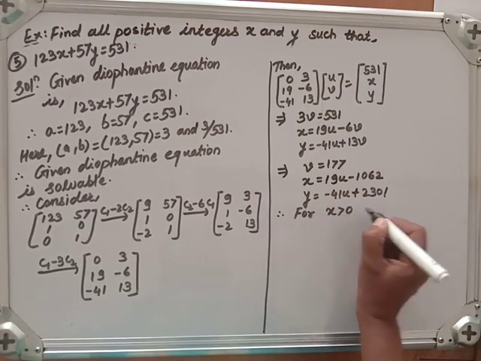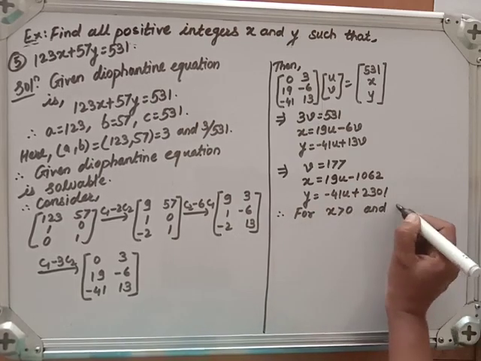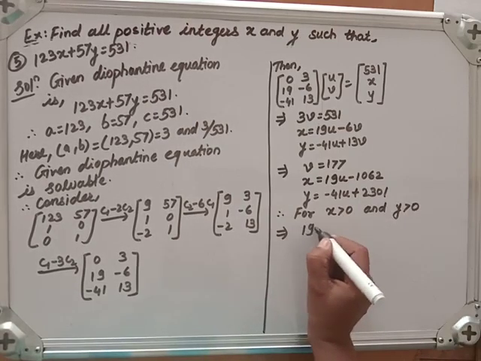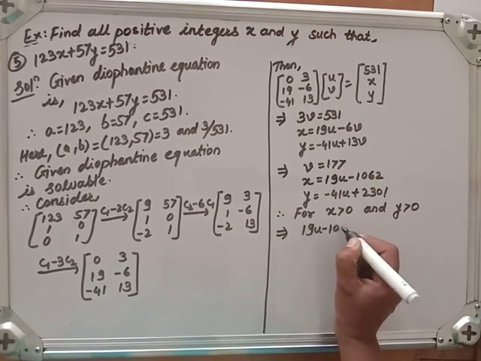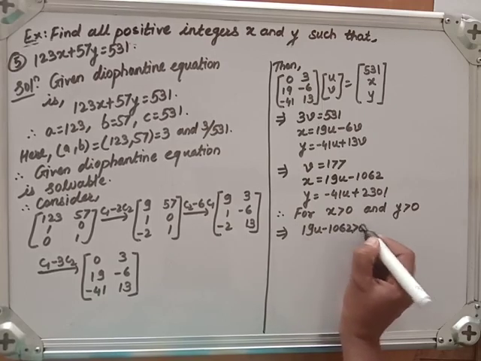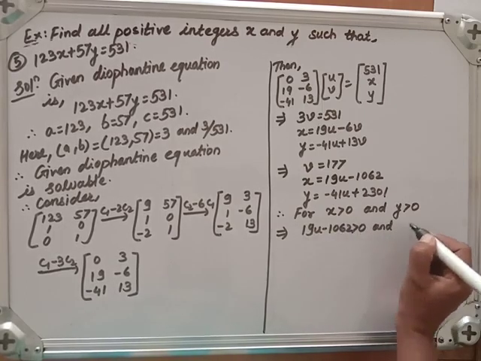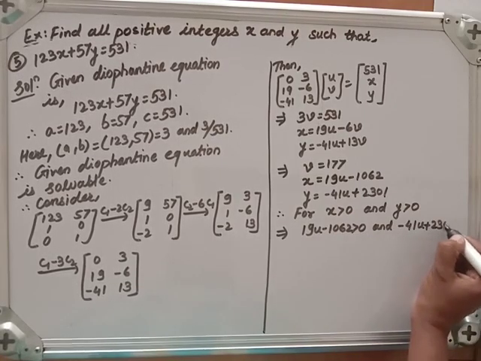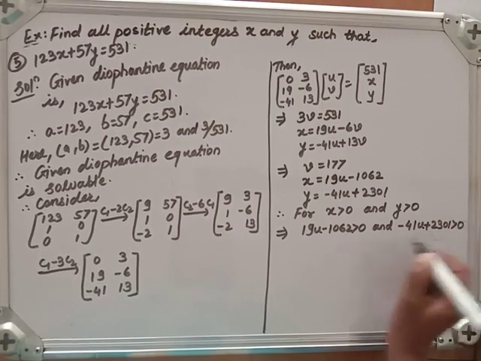Therefore for x greater than 0 and y greater than 0, this gives us 19u minus 1062 is positive and minus 41u plus 2301 is positive.